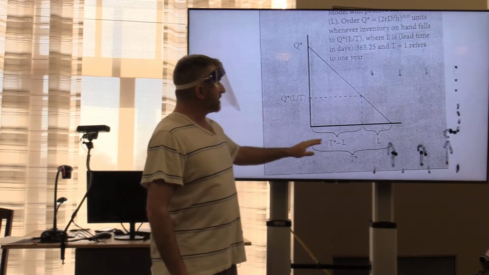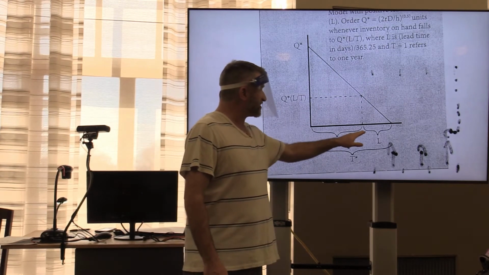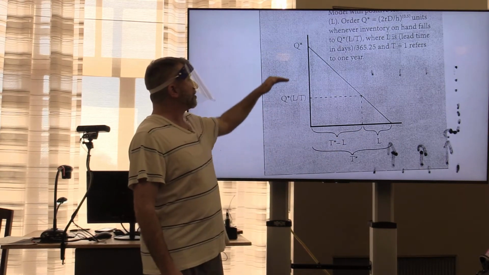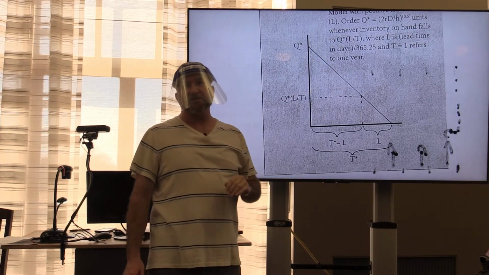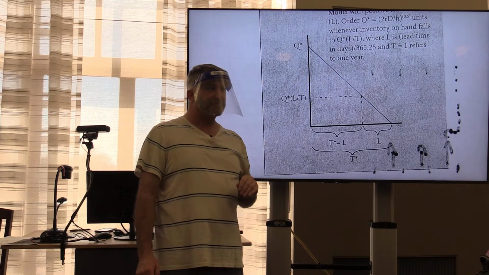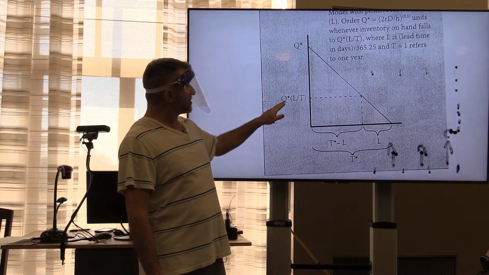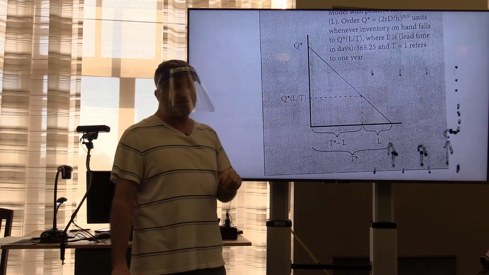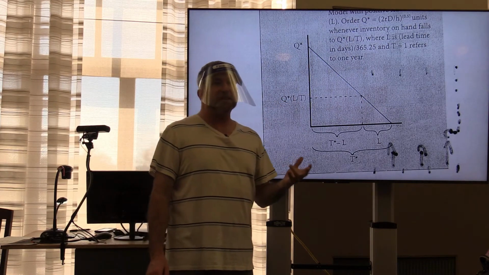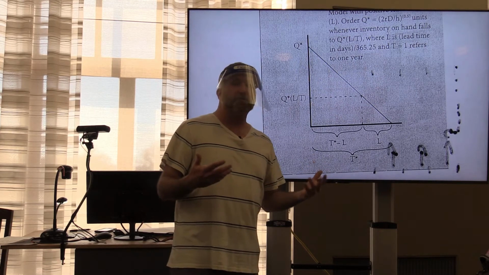And so in addition to knowing that we reorder at T minus L, we need to know how low inventories need to get before we reorder. It turns out that once inventories reach the level of Q times L divided by T, that's the amount of inventory at which you reorder.